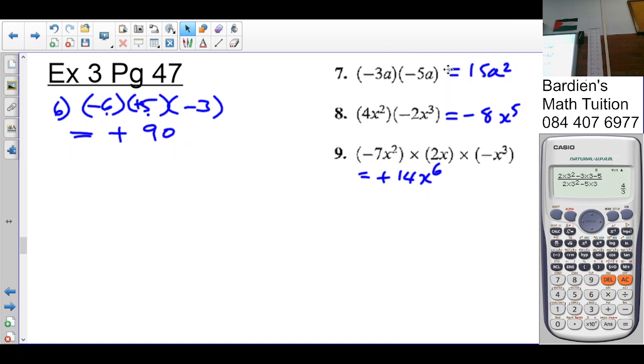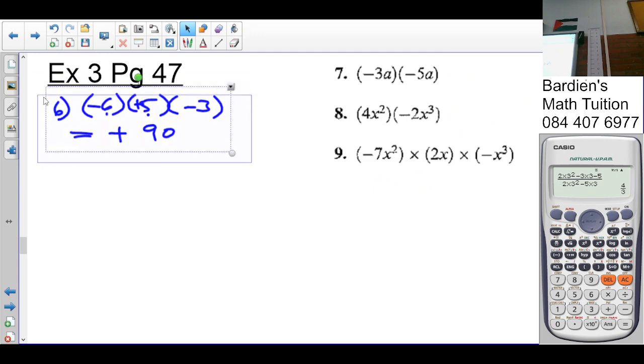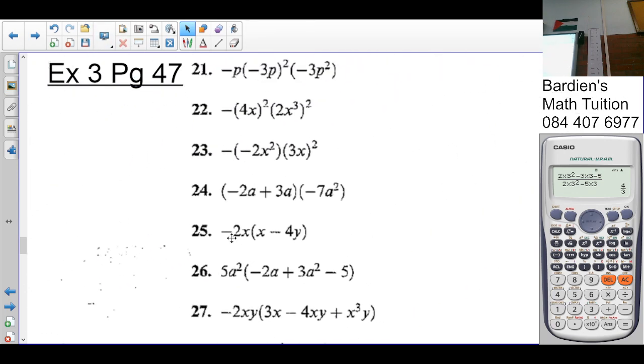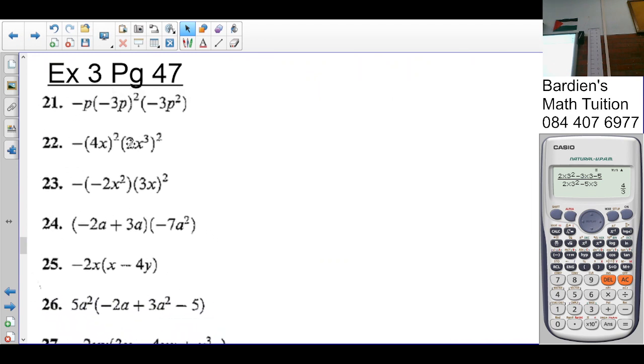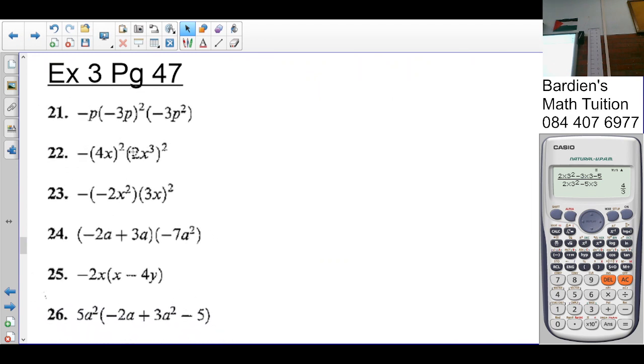Right. Take this out here, move this over. I know it's not in order, but it makes sense here to move along this page here, okay?